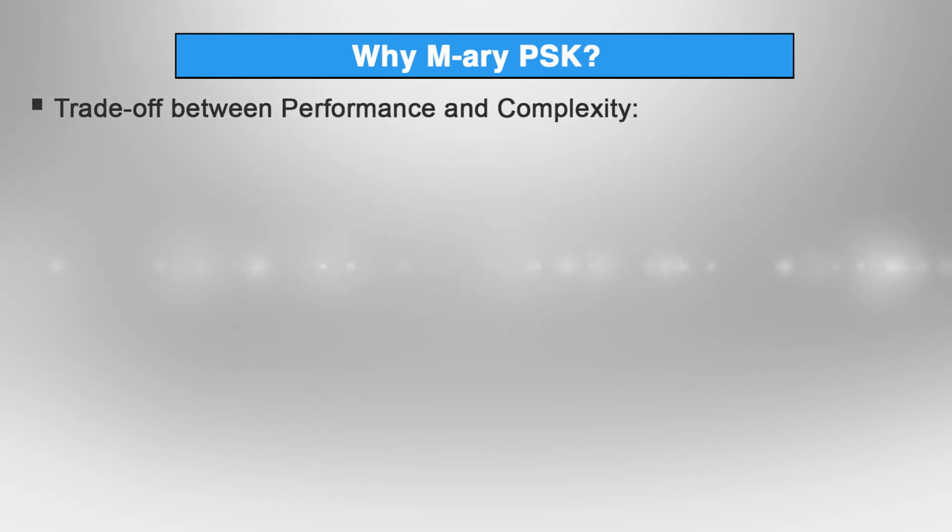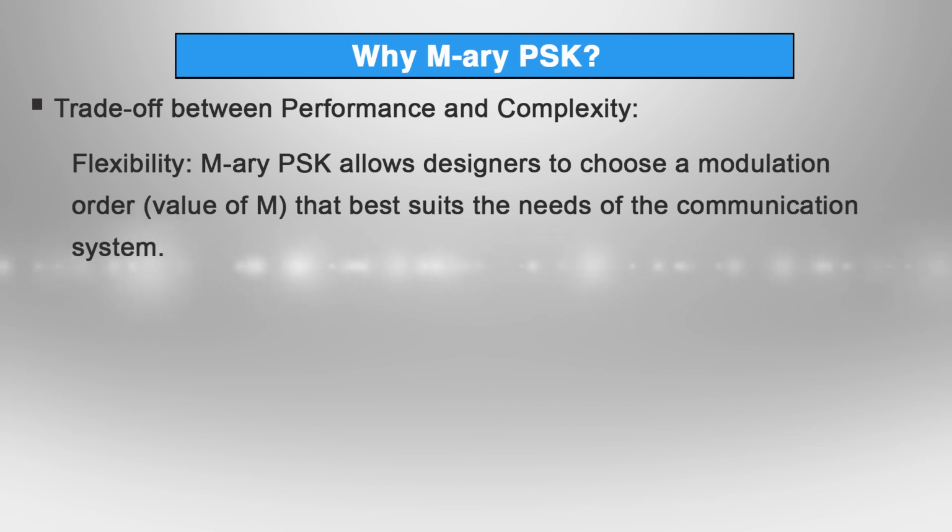Then the next reason is trade-off between performance and complexity. M-ary PSK allows designers to choose a modulation order that best suits the needs of the communication system, which gives flexibility to select a value of M.